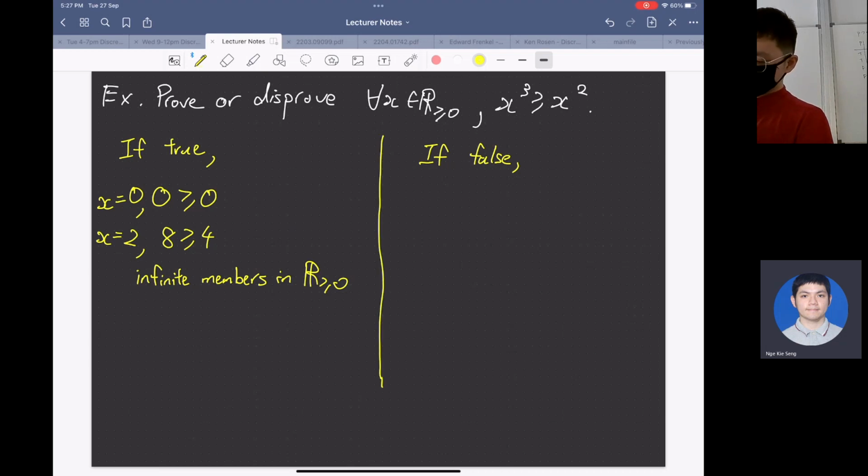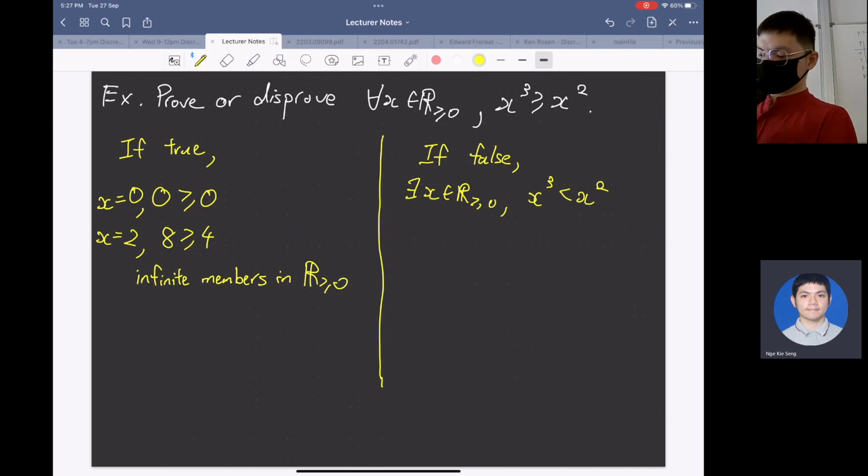Let's say it's false. If I want to show that this is false, what do I need to show? I just need to find one number such that x cubed is less than x squared. Someone suggests 0.5.